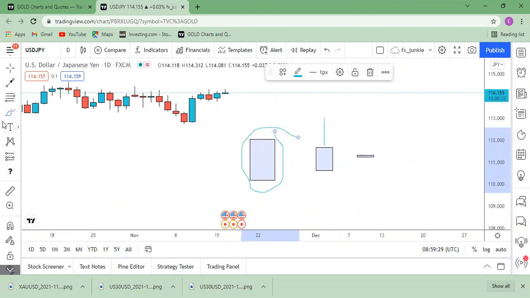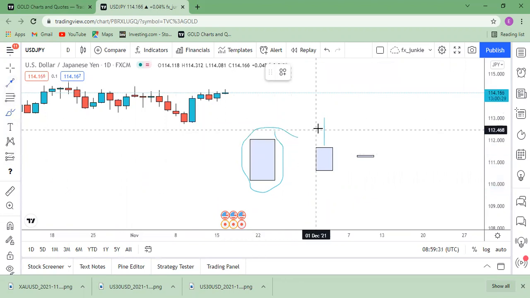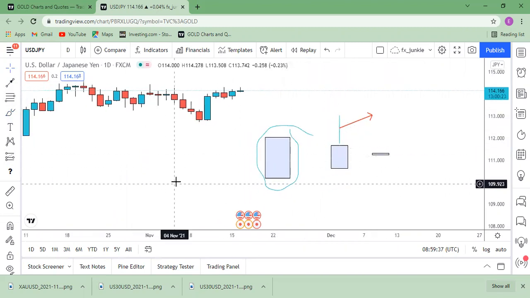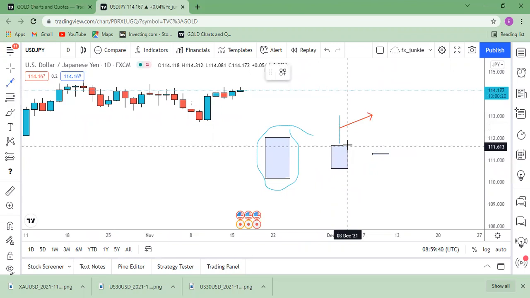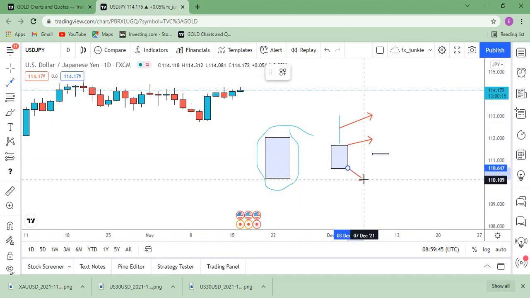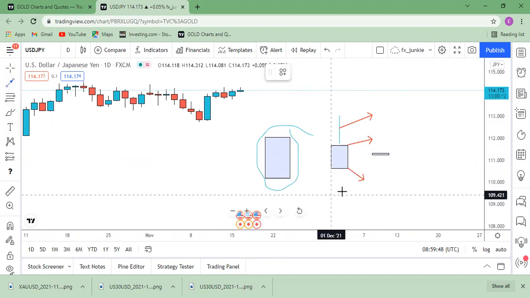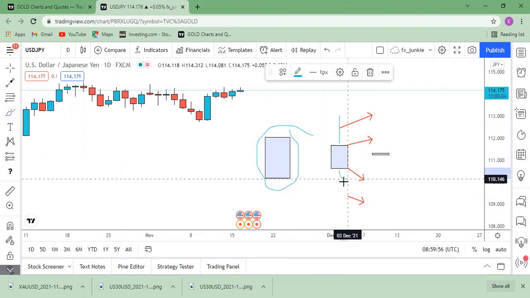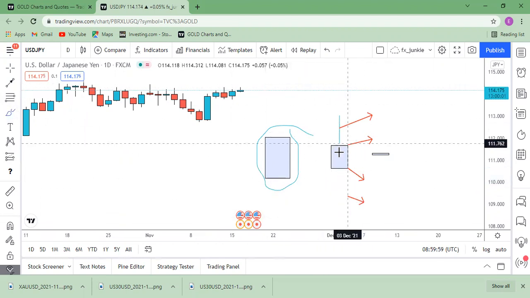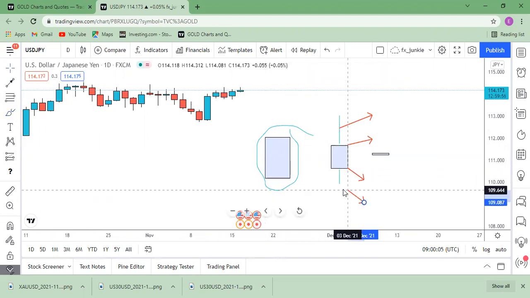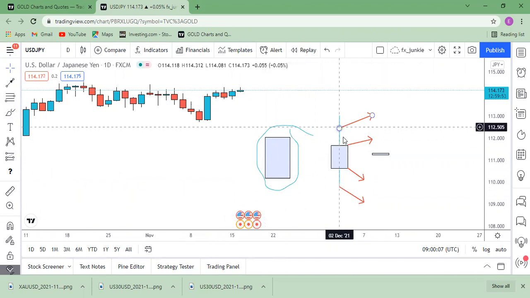I'm going to go into a little bit of detail and show you exactly what I'm trying to explain. We need to know what a candlestick is before talking about it. So this is called a wick, right?